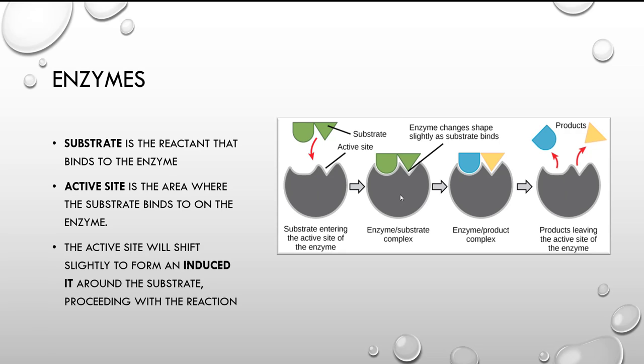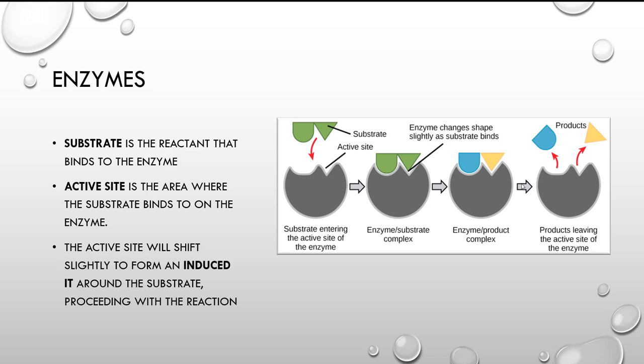With the primary structure, you just have the amino acids, and then you start the folding with the secondary structure that involves hydrogen bonds, and then the tertiary structure formed with the R chains. So this is where the R chains can interact with the substrates to form what's called an induced fit. The enzyme will actually shift a little to form an induced fit where it almost hugs that substrate. As it does that, it brings that substrate even closer into the enzyme, and that allows the reaction to proceed.